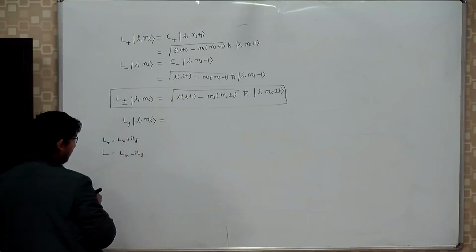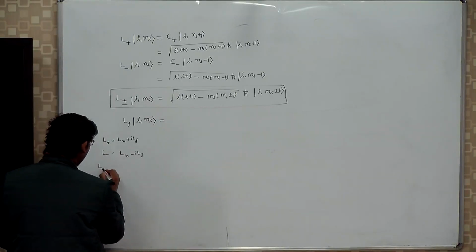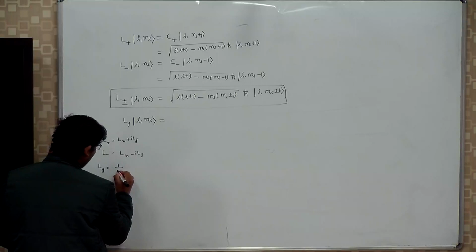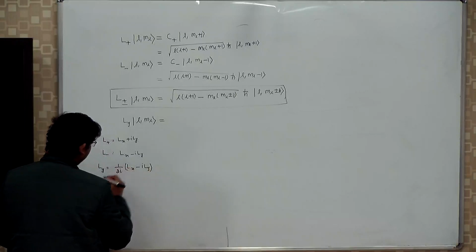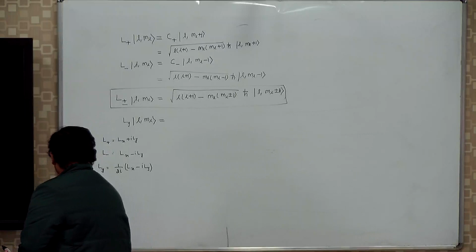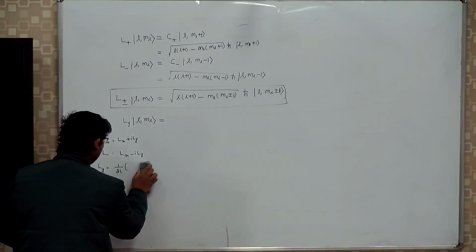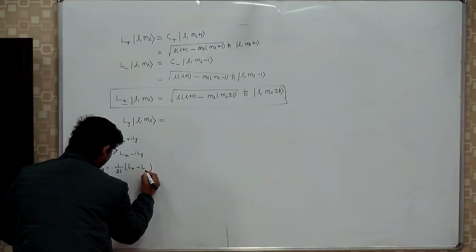If we subtract these two equations, we get the value of Ly as 1/2i (L+ minus L-).